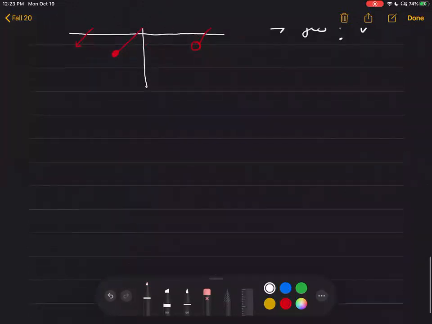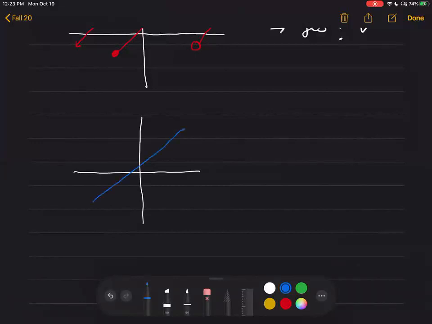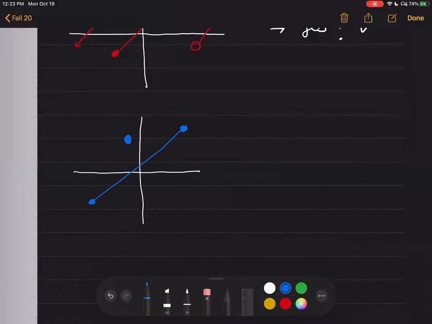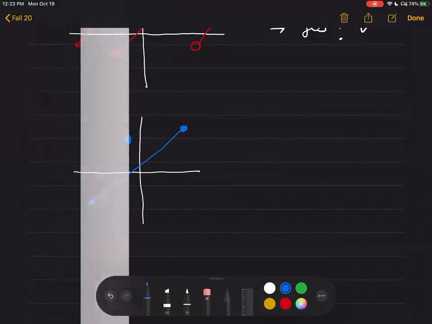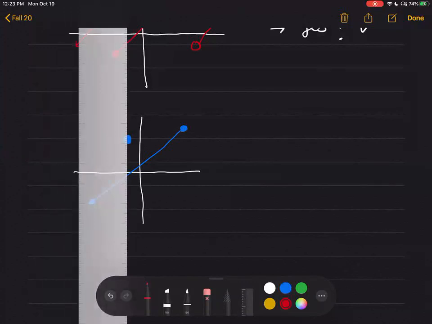Let's do one more. Let's look at a different case. So what if we do a line? Let's make it end. And then let's also put a point right here. So now if we use the vertical line test, we're good, and then we hit here, and then, oh no, we've hit this point right here, and we've hit this point right here on the line.